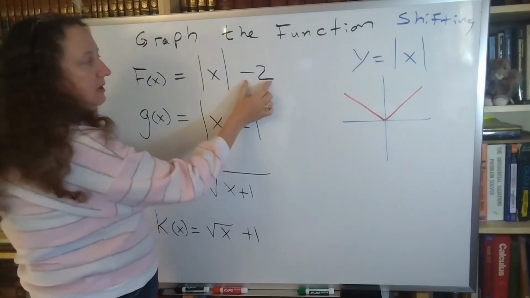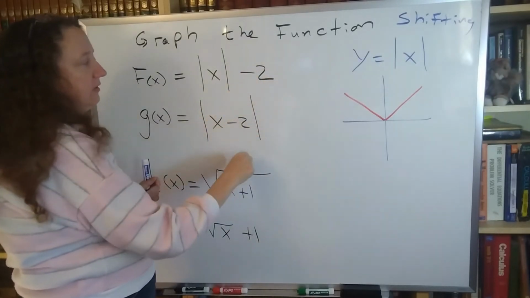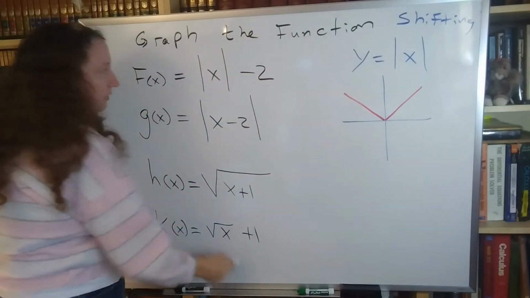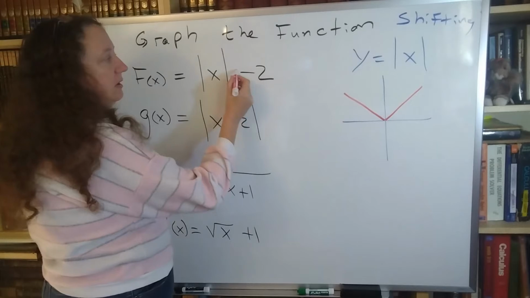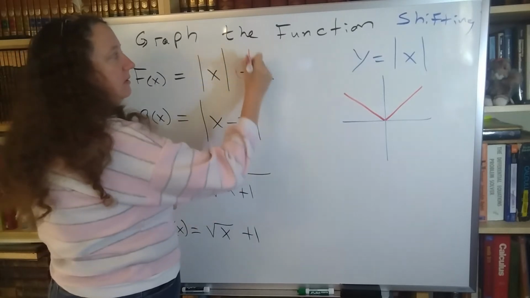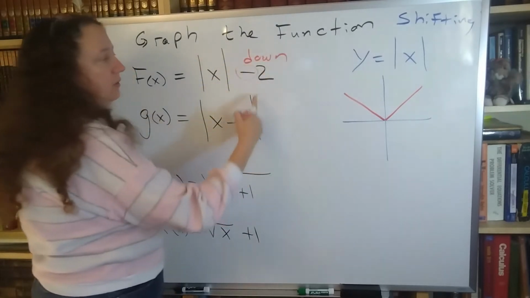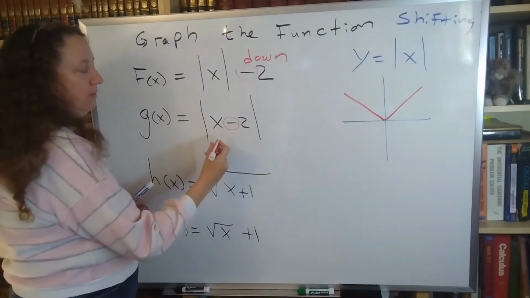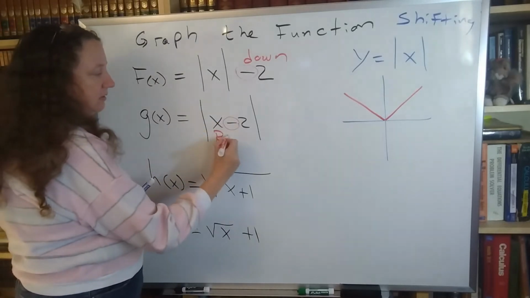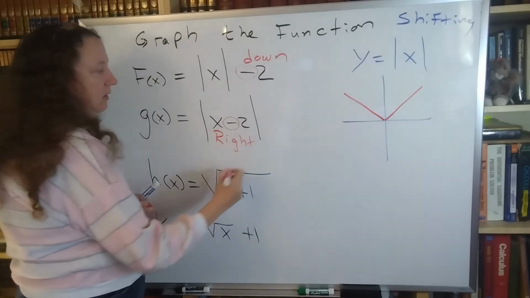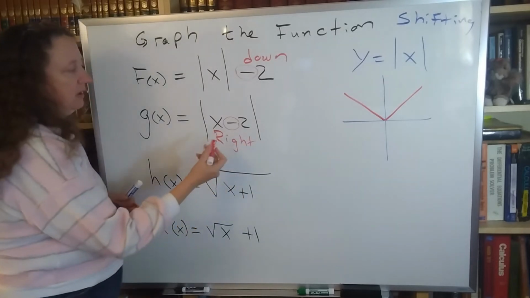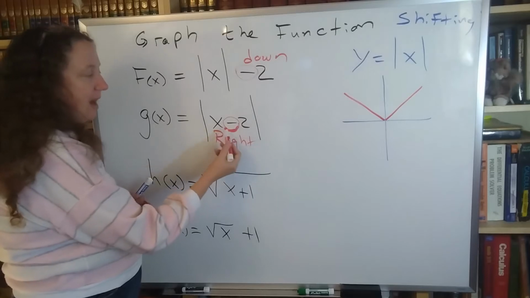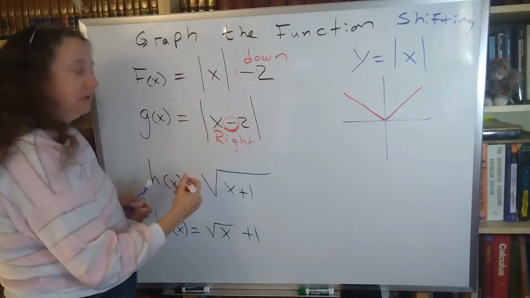If the number is outside of the parentheses, then that will move your graph up and down. So I see that this one is going to move my graph down 2 places. I look at this and I see that this one will move my graph right 2 places. It is right because we go the opposite direction of the sign.